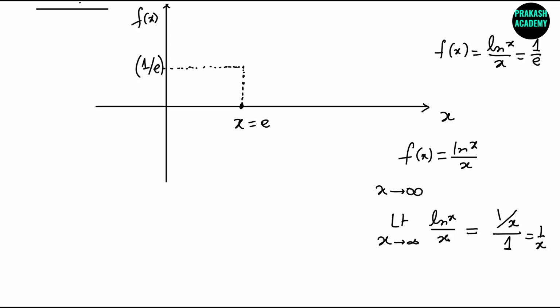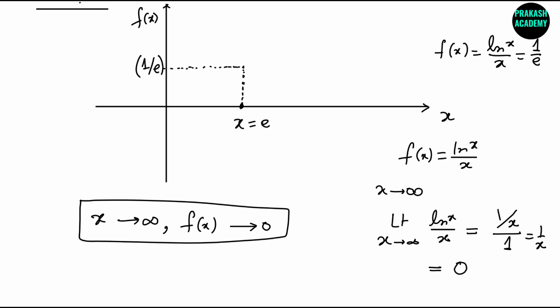Now if x tends to infinity, this function basically will tend to 0. So now I know that when x tends to infinity, this function f(x) will tend to 0. So where did I get this result from? From the limit. I took the limit of ln x by x when x tends to infinity.